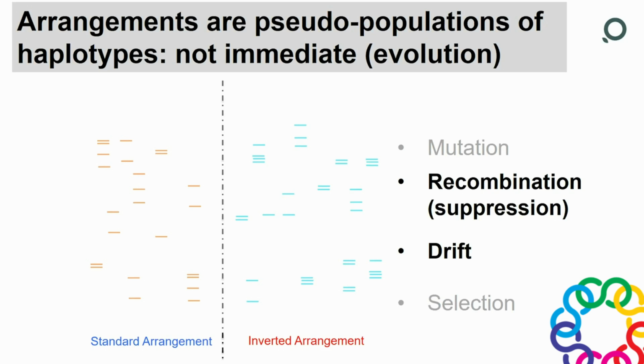If you think about it, the genome is always exposed to mutation, selection, recombination, drift, but in the inverted region, recombination and drift behave differently. And so these regions evolve differently from the rest of the genome. And that's really important. So these are the non-immediate impacts of inversions on species that are carrying them and where they are segregating polymorphic in the population.